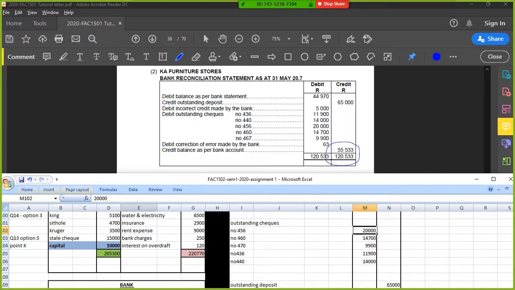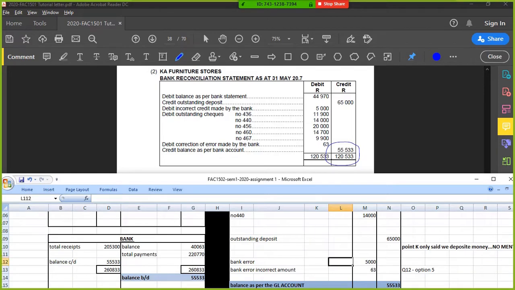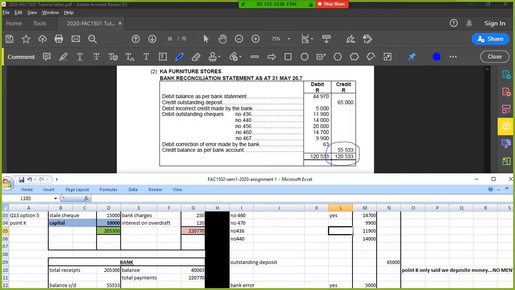Let me just say yes next to it. The 20,000 is there. The 14.7 is there. The 5,000, that's the correction, here it is at the bottom. Let me look at the answer. There's 5, there's 5. Got it. 11.9. Where's 11.9? Here's 11.9. Got it.